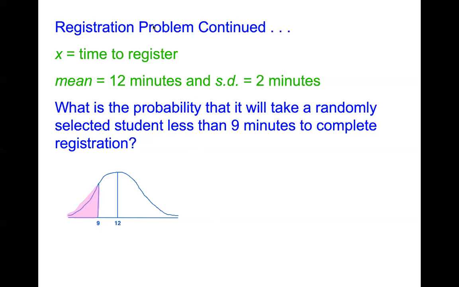Does that make sense, Vic? Yeah. So don't go 8, because then you're cutting out some of the answer that you want, anything between 8 and 9 minutes. So go all the way up to 9. So good. This is the shaded region that we want. So in your calculator, what do you think you're going to type in? Any guesses?